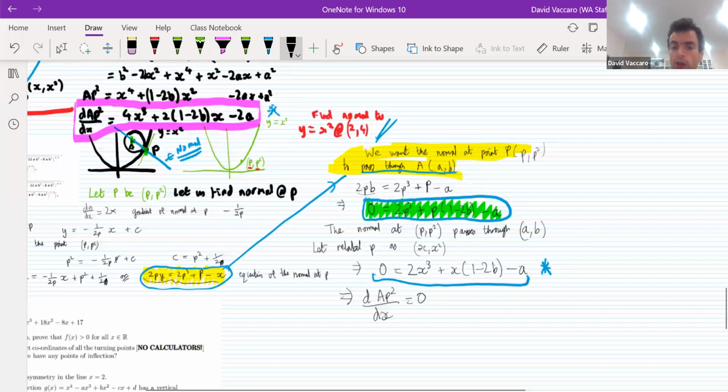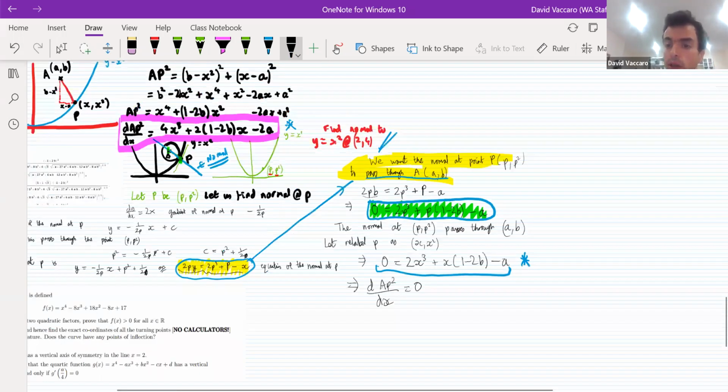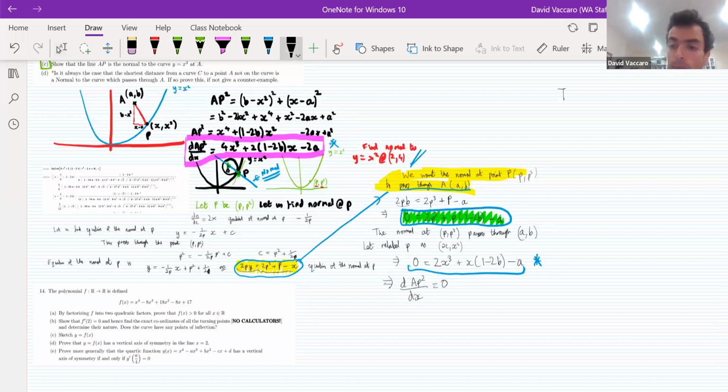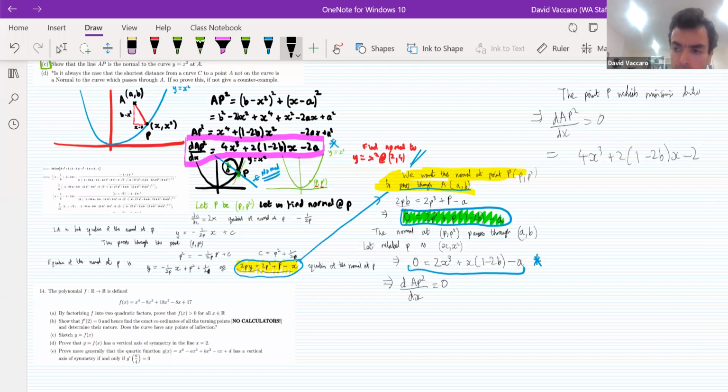Okay, so what we've shown is the point P, which minimizes the distance, is the point which satisfies the derivative of AP squared is equal to 0, which implies that 4x cubed plus 2, 1 minus 2bx minus 2a equals 0.